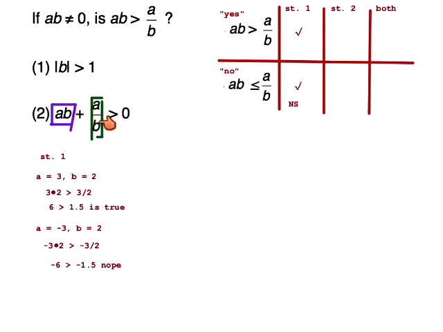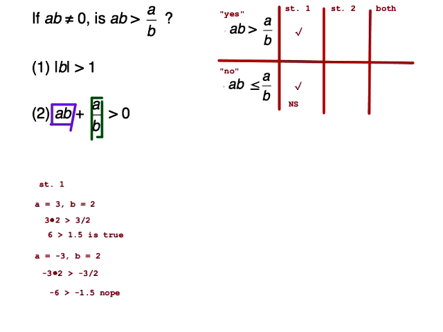So these are two things that are positive under exactly the same conditions. So there's no reason to factor it or do any of that fun stuff. Since both of these are positive at exactly the same time, this is just a really obnoxiously stupid way of saying that A and B have the same sign.